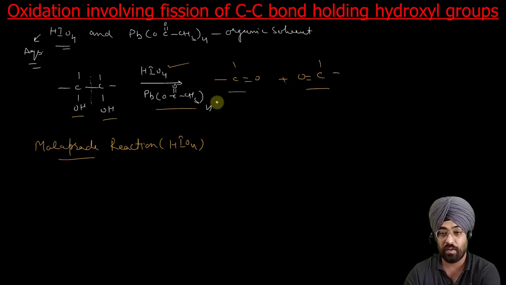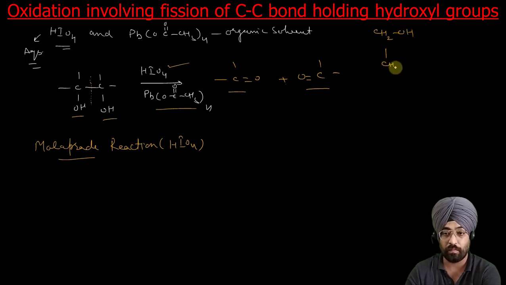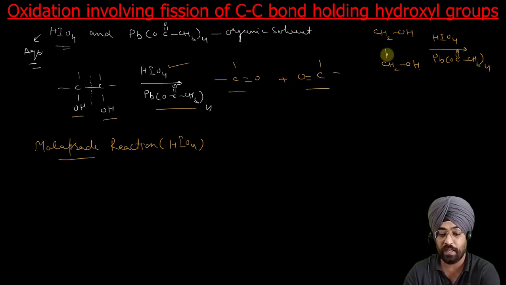Now let us try to write it. Suppose we have ethylene glycol and react it with HIO4 or lead tetraacetate.